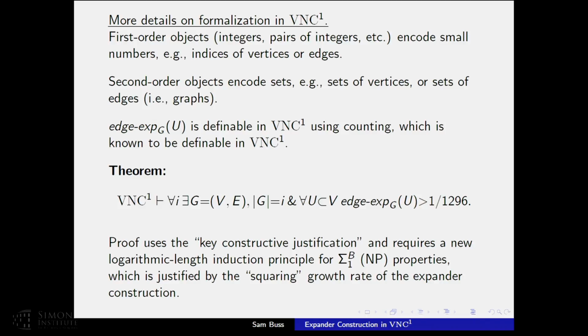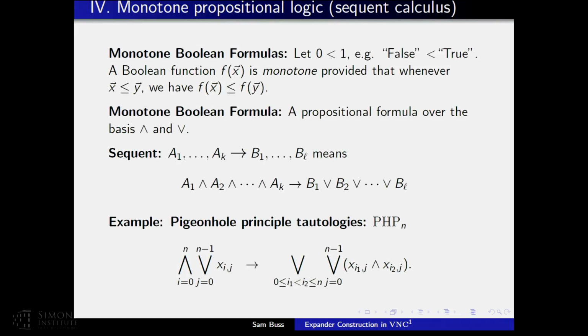So then you get a theorem that says VNC1 can prove a statement like: for every first order index I, there is a set G of vertices and edges which has the right size and has the right edge expansion. All that kind of stuff can be done in VNC1.